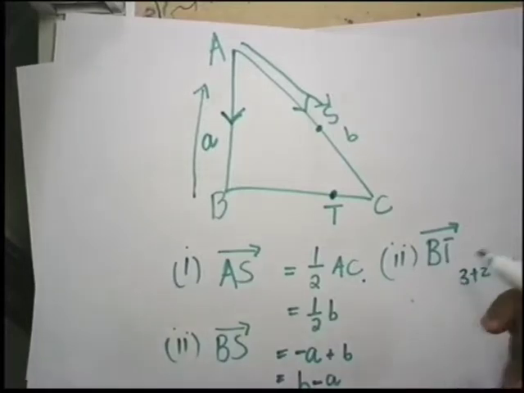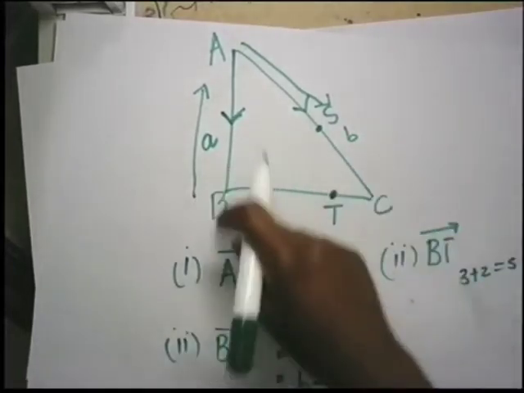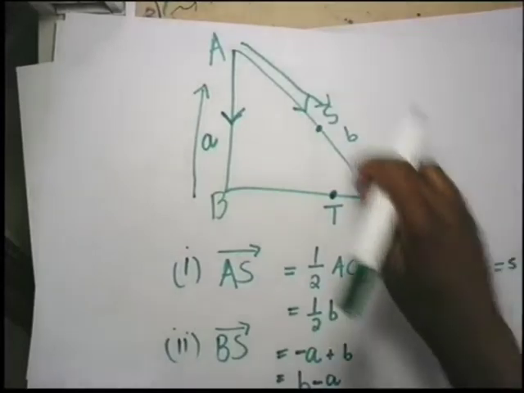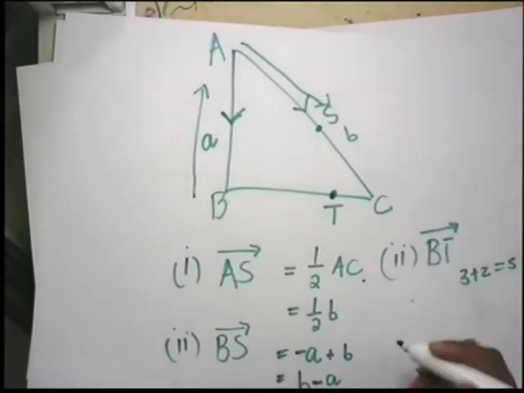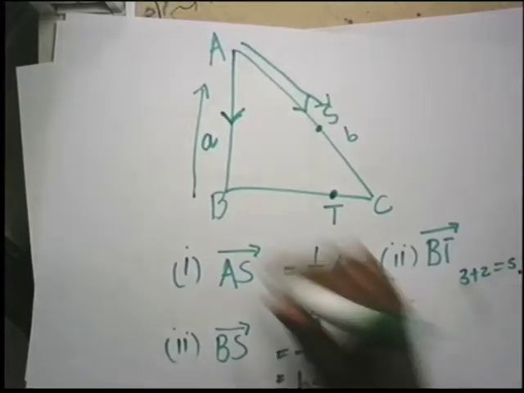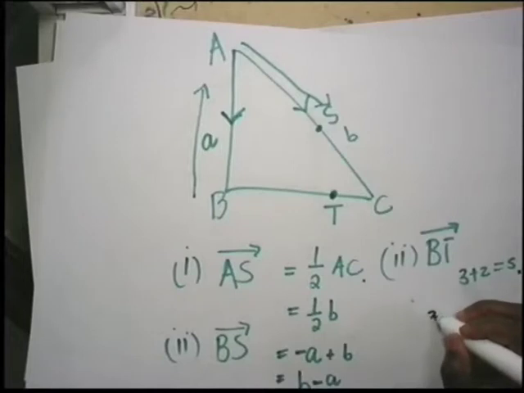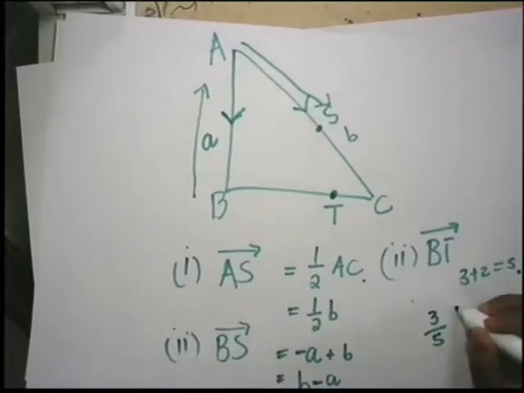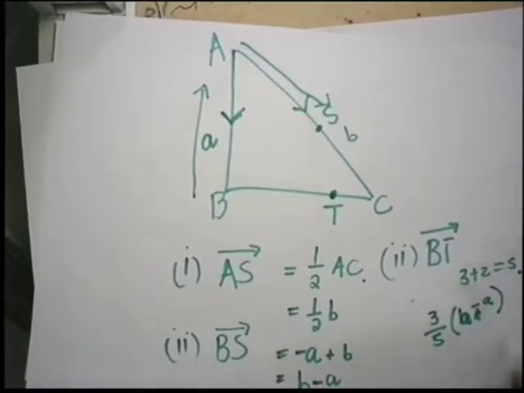So for us to move this way, you can go this and come this, or come this and go this to get to T there. So we can say 3 plus 2 is equal to 5, and then we can say this one can be 3 over 5 of b minus a.